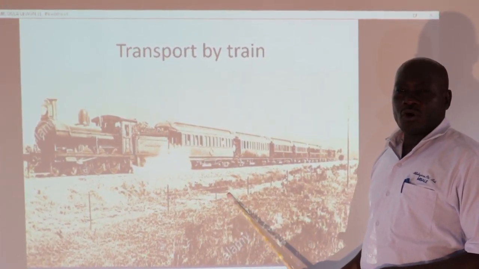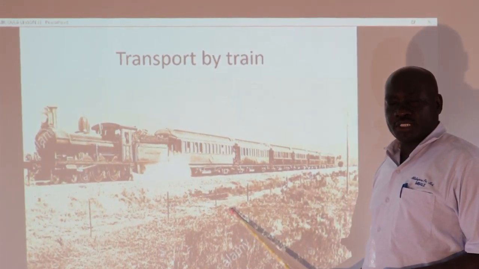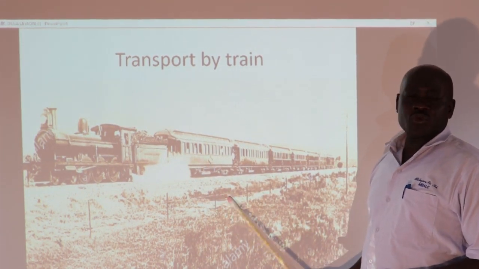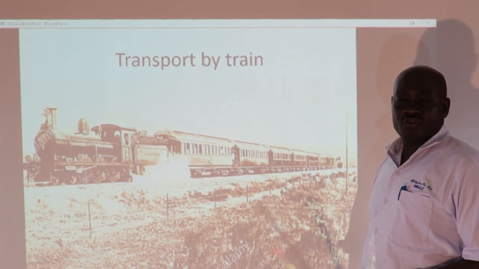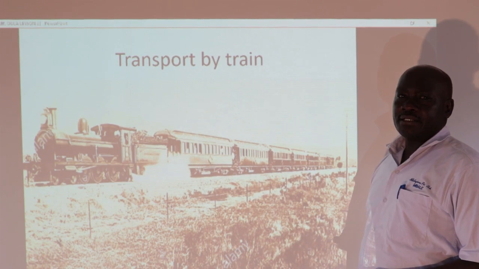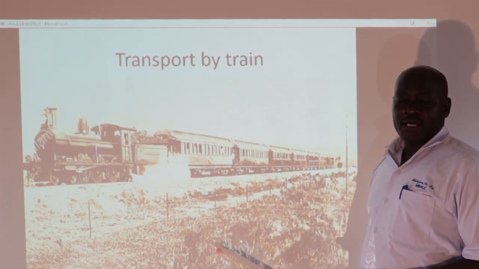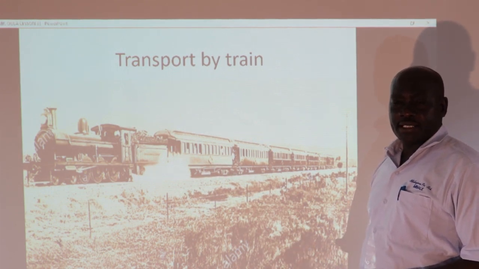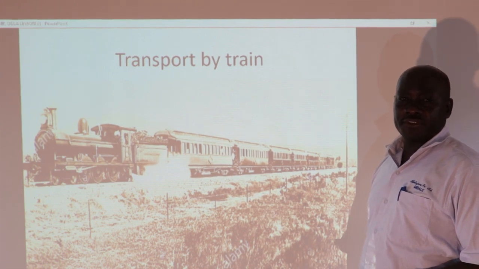And this one was one of the transport lines which was constructed in East Africa. How did the construction of the Uganda Railway help to end slave trade? That's the question. And the answer you can give is that trains were used to carry goods instead of slaves.